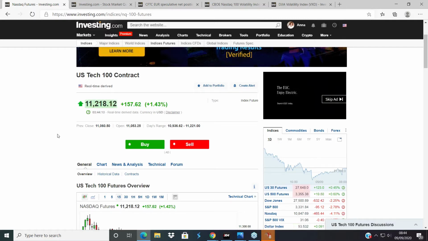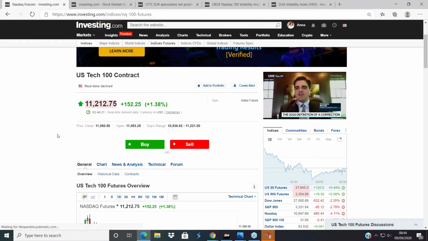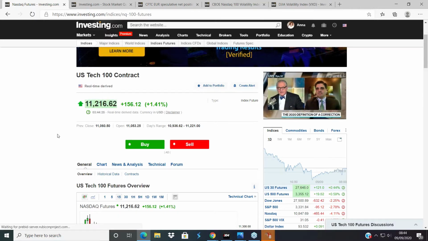So we talk about the VIX. The VIX is the most well-known of the volatility indices, and the VIX tracks the S&P 500. You have to understand a little bit of background. The S&P 500 is like an international benchmark for risk.